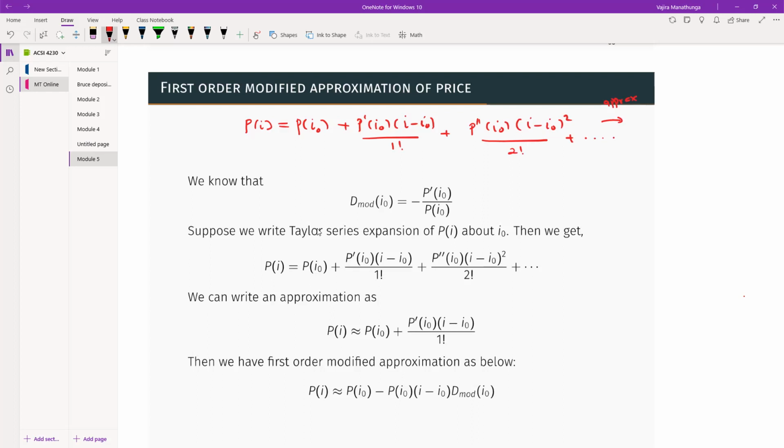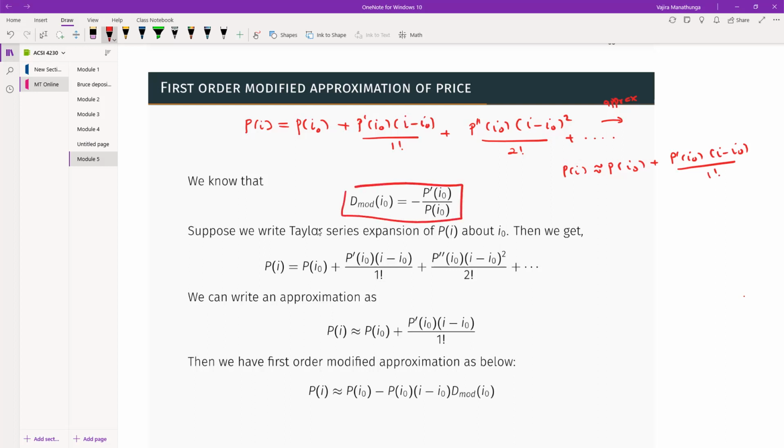What we do, we remove the higher order terms and just use only the first derivative. So from here, now we are ready to substitute the modified duration formula.